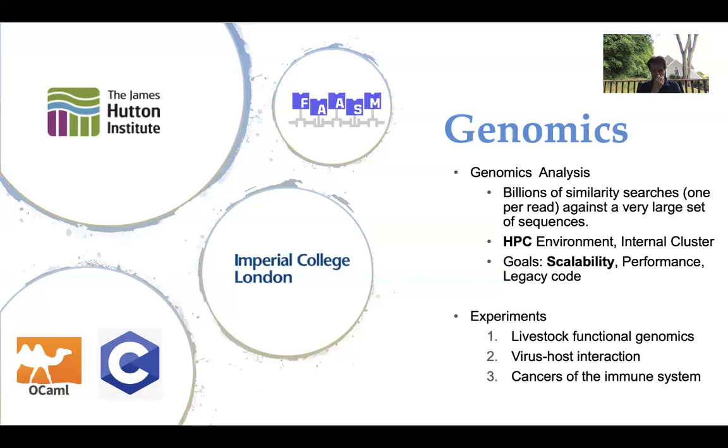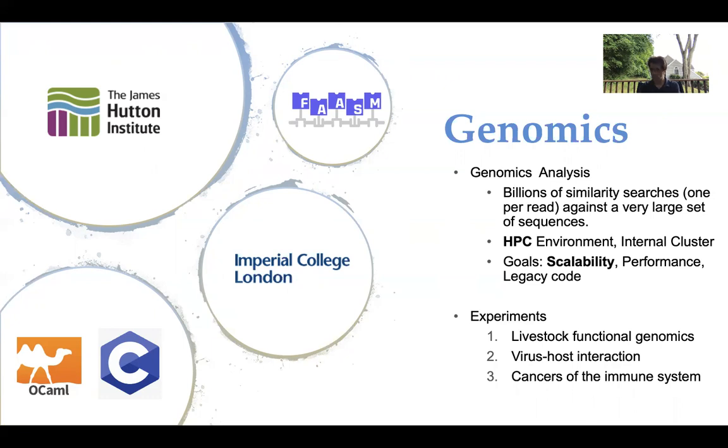Second use case is genomics. We have the Hutton Institute, and we pair them with Imperial College London. This is again another use case with large data volumes, a lot of legacy code, and they mainly rely on HPC environments and internal clusters, and their goal is scalability. They are limited by the resources in their institutions, and they want to go further using these serverless technologies.